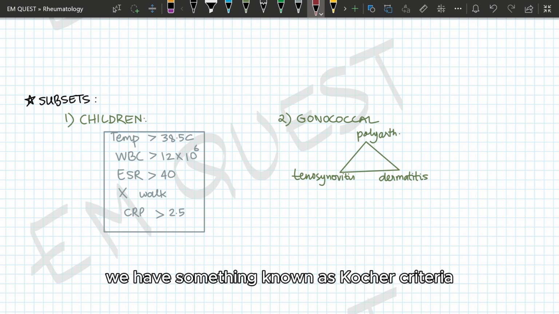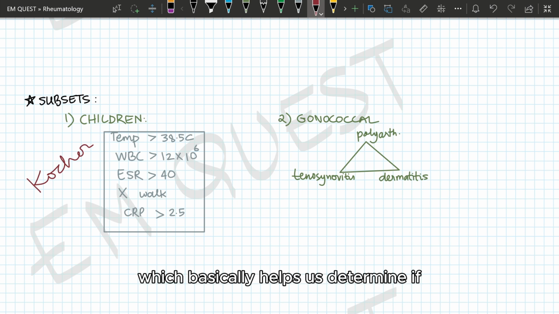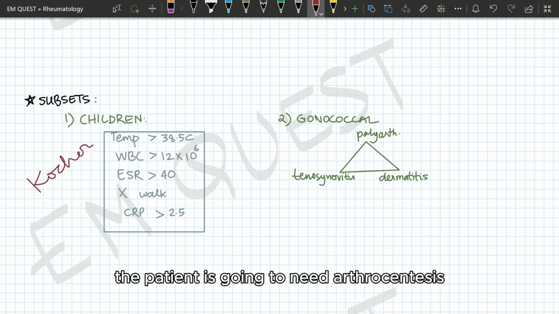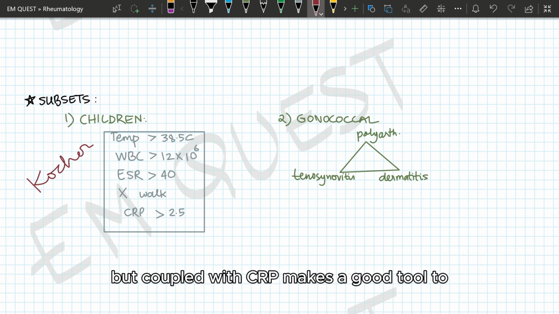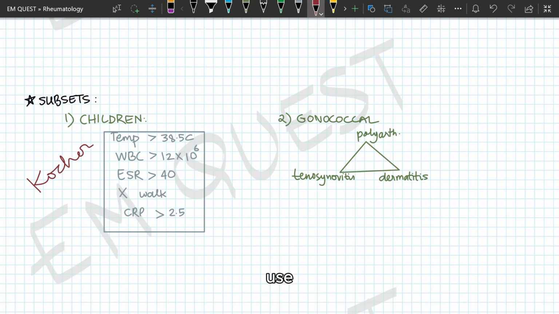We have something known as Kocher criteria, which basically helps us determine if the patient is going to need arthrocentesis and orthopedic consult. So there are basically 4 criteria to it, but coupled with CRP, it makes a good tool to use.